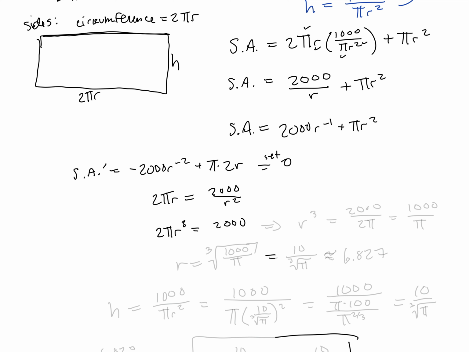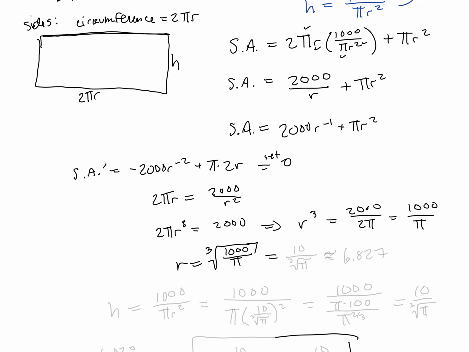Now I can divide both sides by 2 pi, so r cubed is equal to 2000 over 2 pi, or 1000 over pi, and taking the cube root of both sides means that r is equal to the cube root of 1000 over pi.